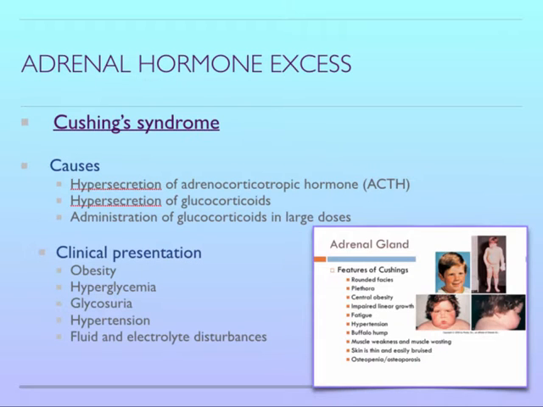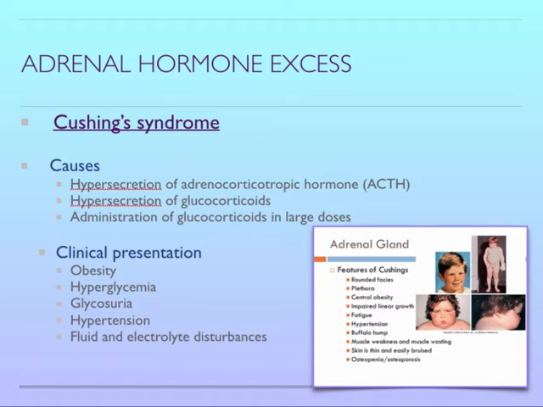So we're going to talk about adrenal hormone excess. We're looking at excess of these hormones. Cushing's syndrome is the top one that you will hear related to this. There are a few different causes. It could be hypersecretion of ACTH or hypersecretion of glucocorticoids, or it could be external from administration of glucocorticoids.